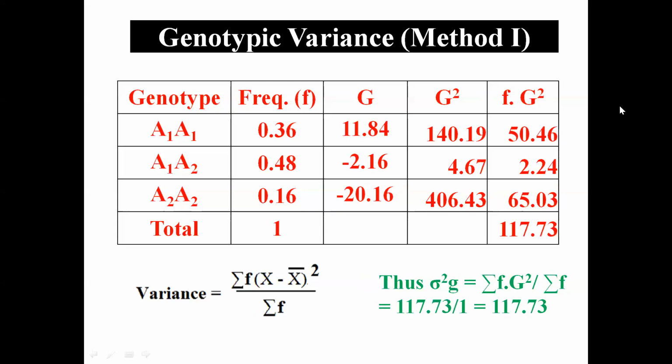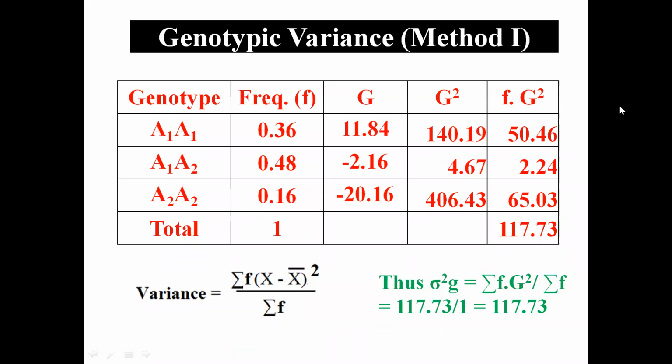Next, what is genotypic variance? That is the variance of genotypic values. This variance we may get by two methods. In the first method, we use the same pattern. The first two columns are the same in this table, and G, we have already been given the genotypic value.